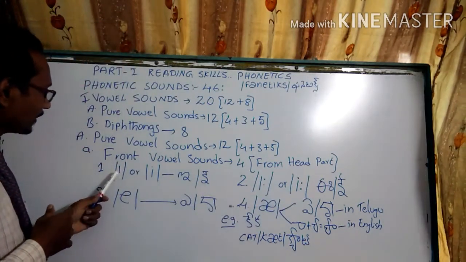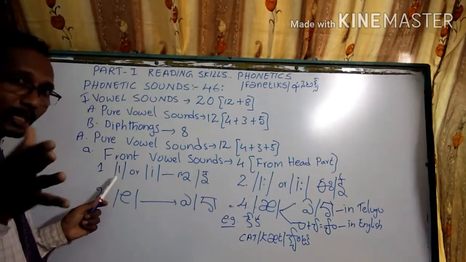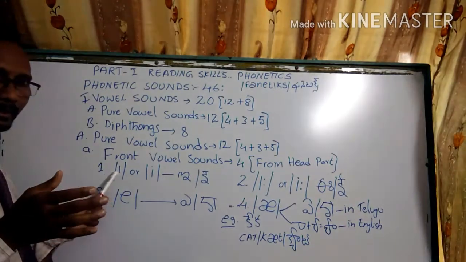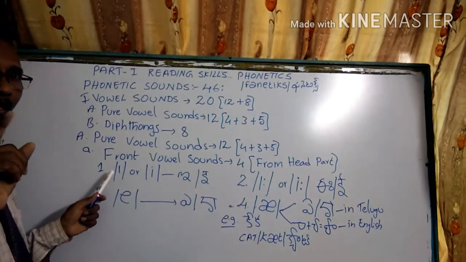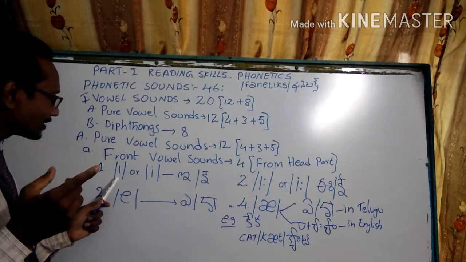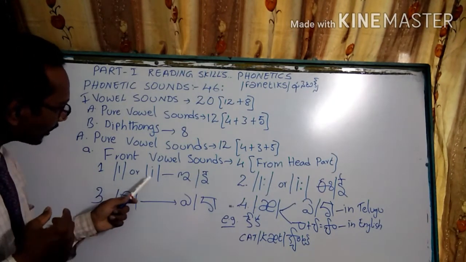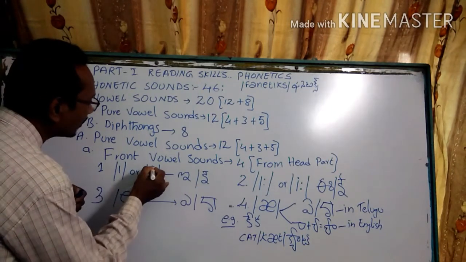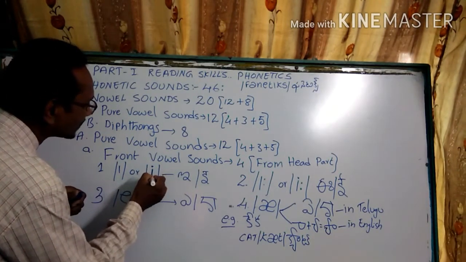They are mainly, see, we say in English like a I, or in mathematical level like 1 or Roman number 1. So this sound either this way or coming by using the full stop on the top of this one.